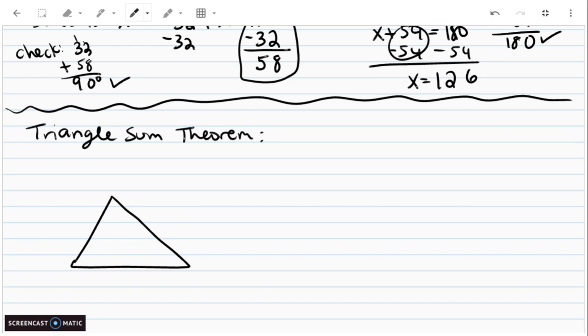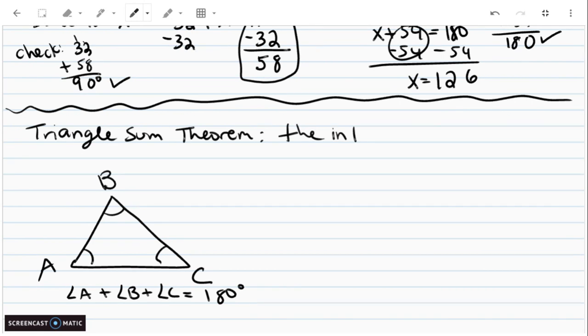So here's a triangle, and I have angles A, B, and C. And these angles together all sum to 180 degrees. So angle A plus angle B plus angle C all add up to 180 degrees.